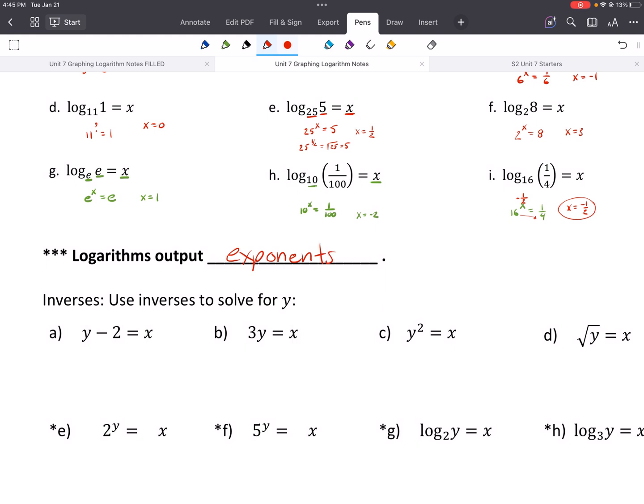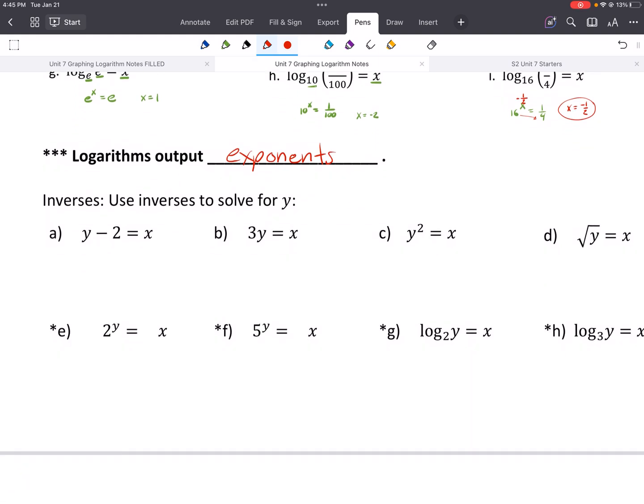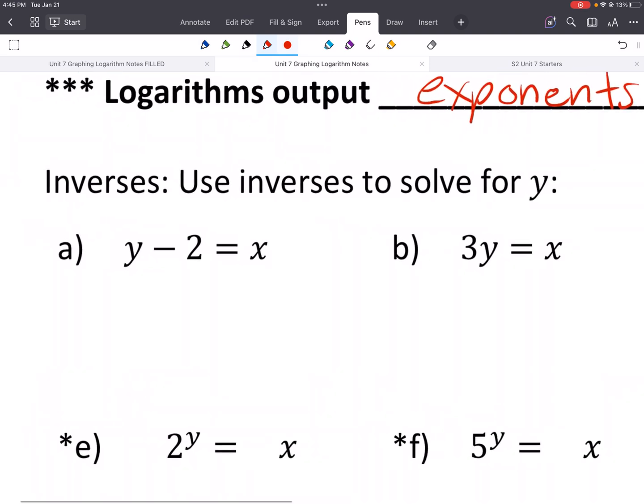I can spell it while I'm talking. It's kind of hard. Okay. All right. So the rest of it, we're going to talk about how to switch back and forth between log form and exponential form. Okay. So just a reminder on inverses. We've done this lots of times.